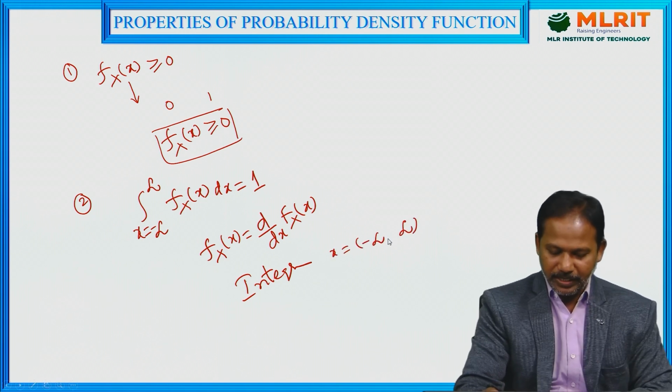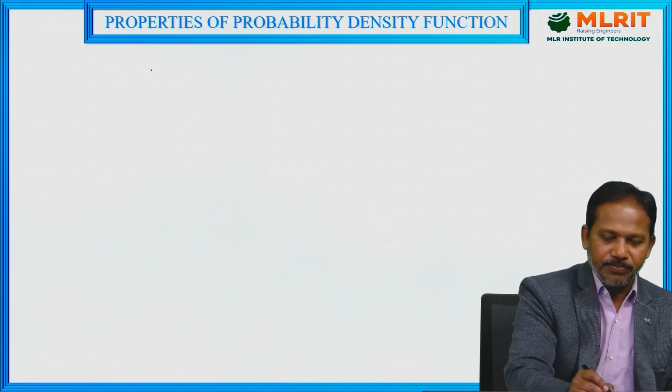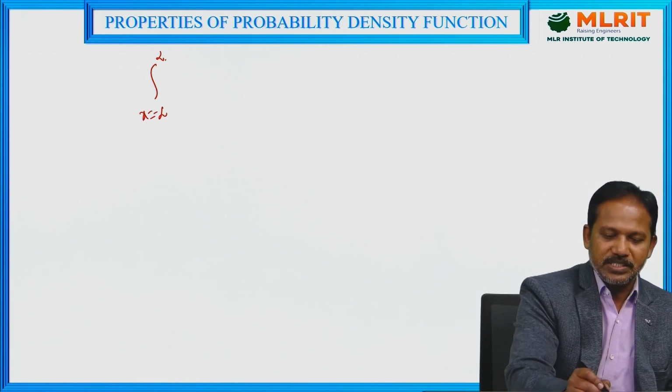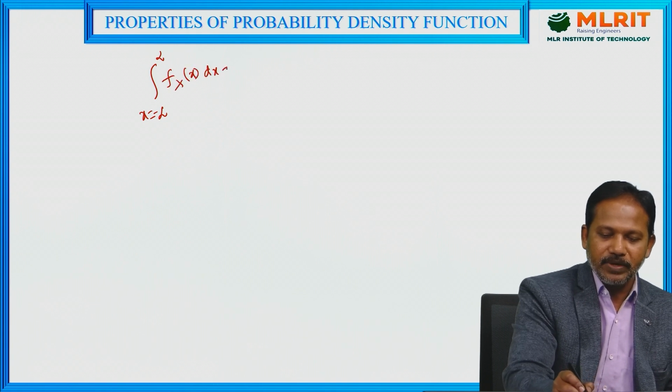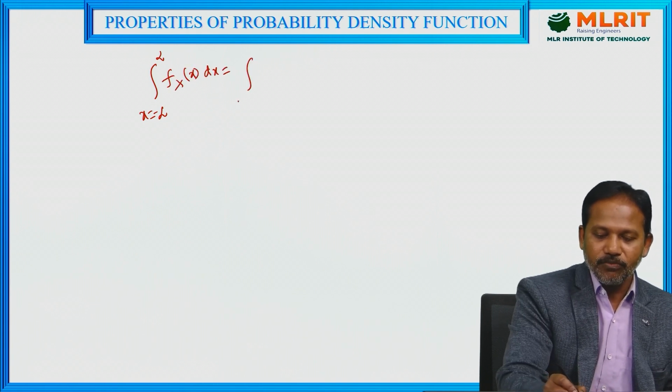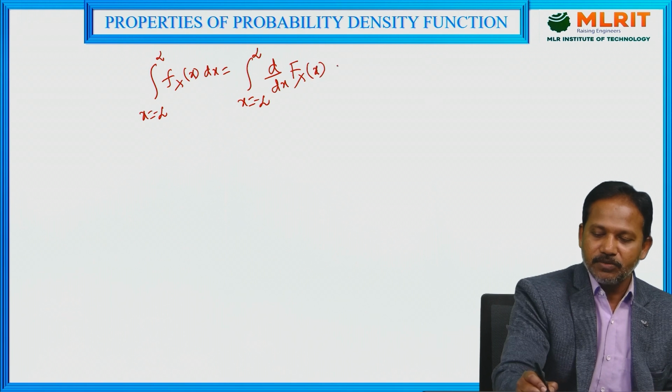So we can write the integral from x equal to minus infinity to plus infinity of small fX(x) dx equal to the integral from x equal to minus infinity to plus infinity of d by dx of capital FX(x) with dx.